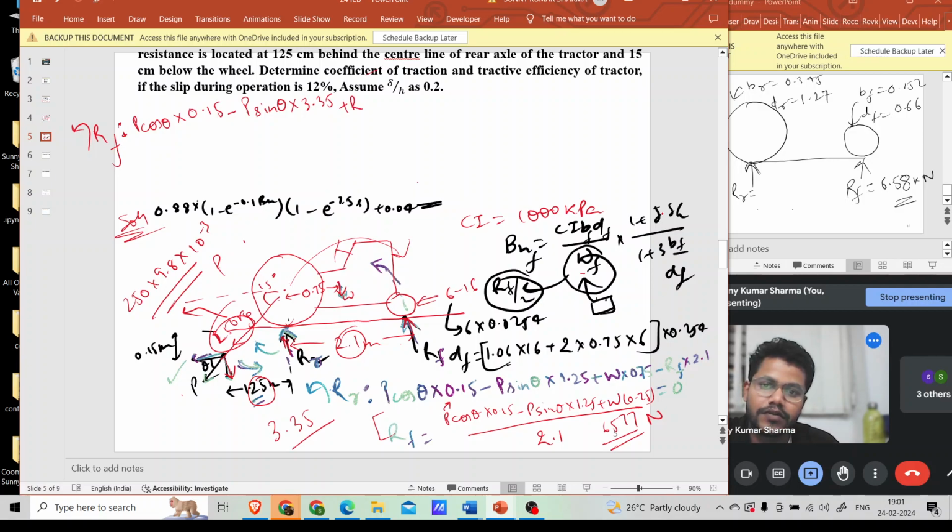We are taking clockwise as positive, so RR at a distance of 2.1 meter, and W is trying to rotate it anti-clockwise. Hence minus W at a distance of 2.1 minus 0.75, equal to 0.